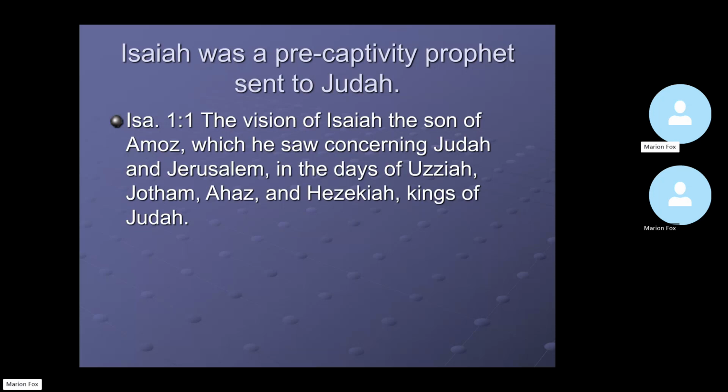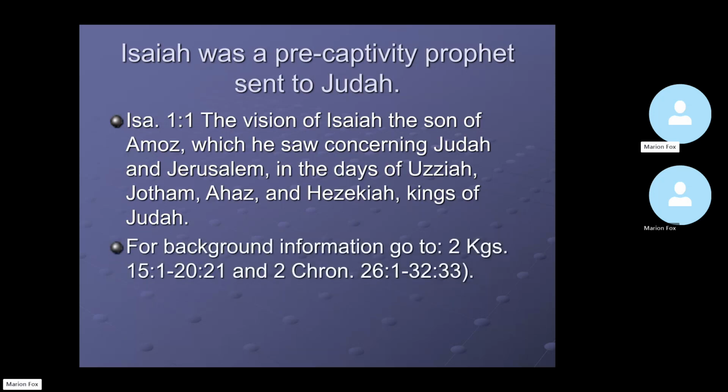So if we're going to understand the book of Isaiah, if we're going to study it, we really need to get into the historical background of what's going on in the kingdom of Israel and, in this case, Judah and Jerusalem, the kingdom of Judah and Jerusalem primarily. For the background, I have laid out something that will help you in your study.